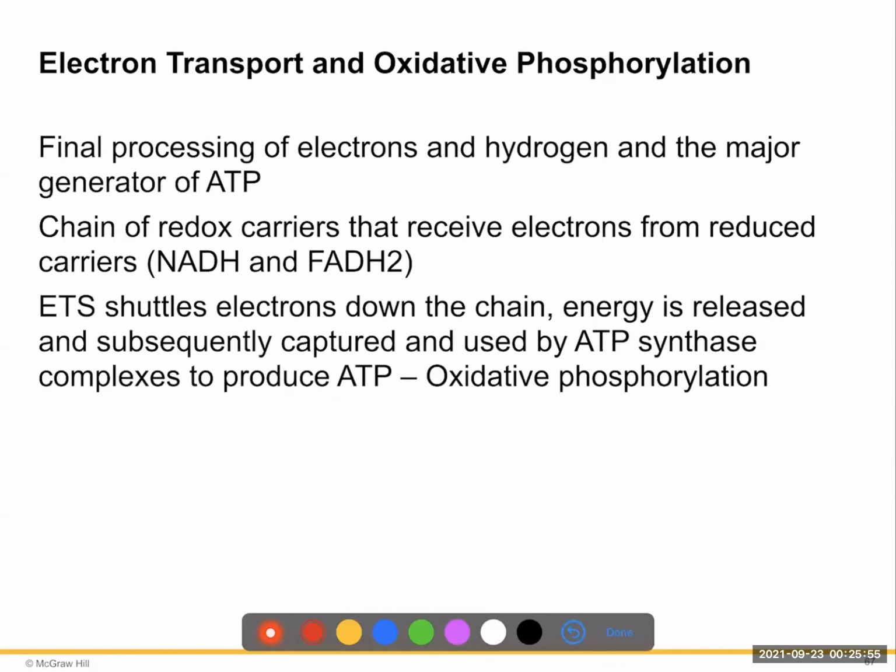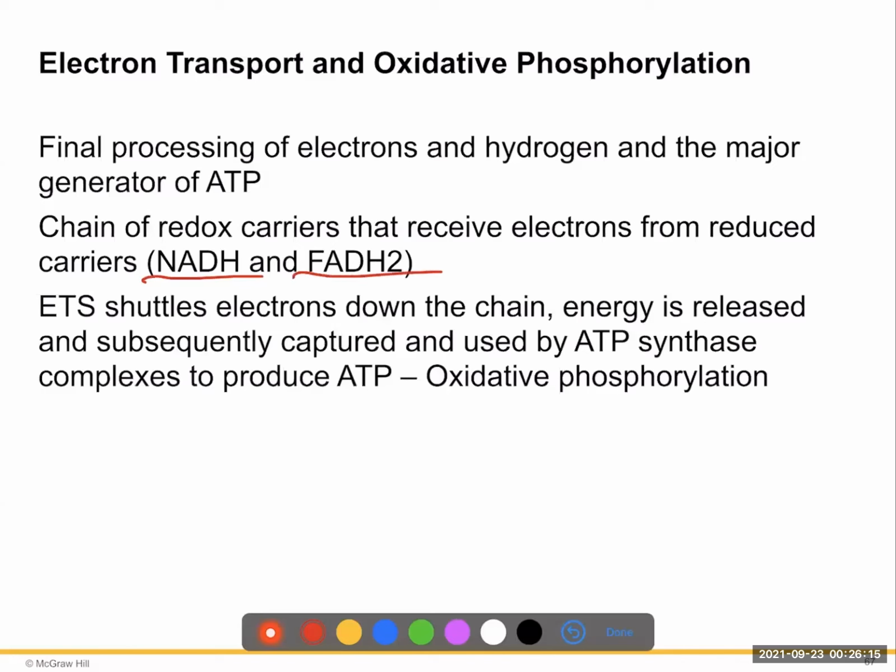So the final process of electrons and hydrogen are the major generators of ATP. Some ATP is generated during the Krebs cycle and during glycolysis, but nothing compared to the electron transport chain. That's when the majority of ATP is generated. Okay. So the chain of redox carriers receives electrons from NADH and from FADH2.